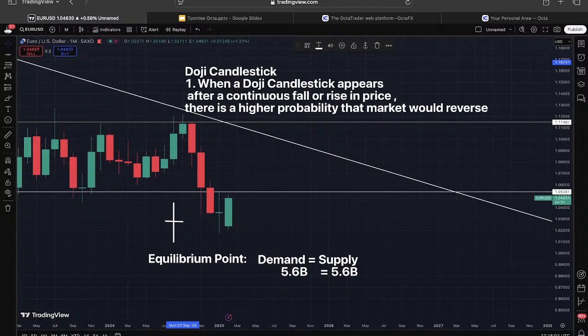There is a higher likelihood that market would reverse.